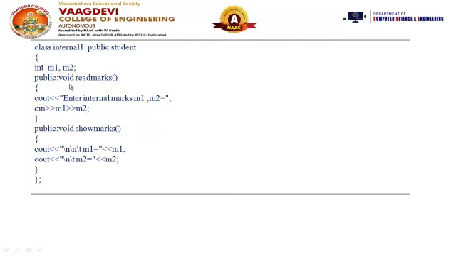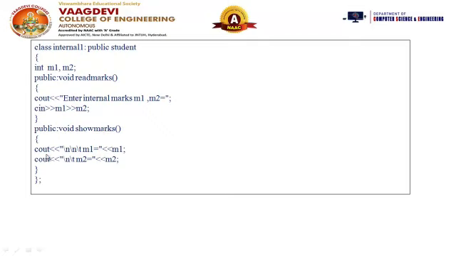The read marks function reads the values from the keyboard and assigns them to the M1 and M2 variables by using the cin object. This function displays the values in M1 and M2 by using the cout object.